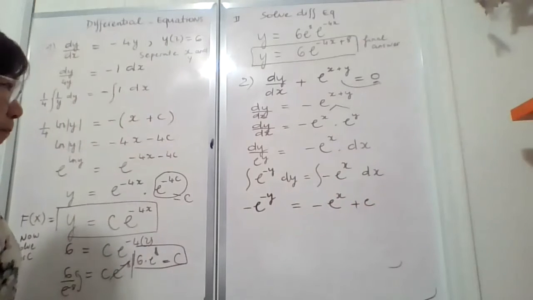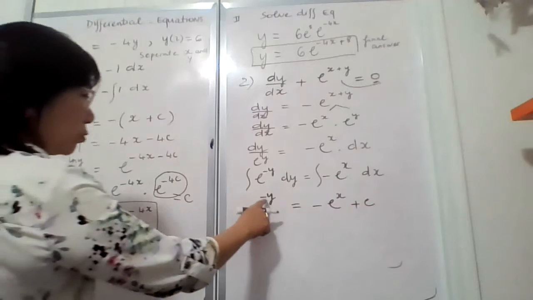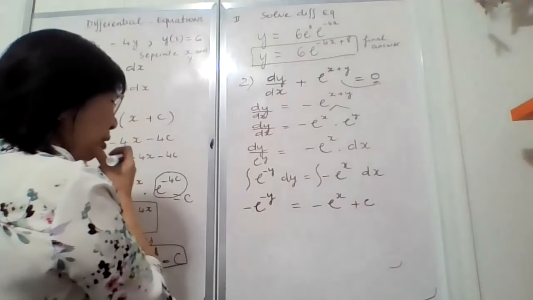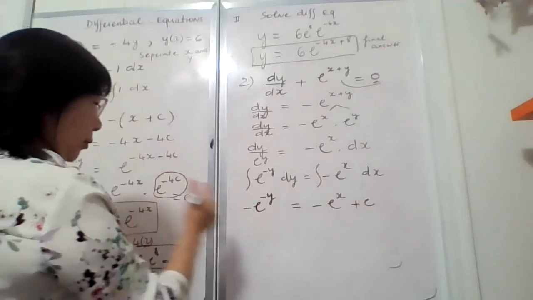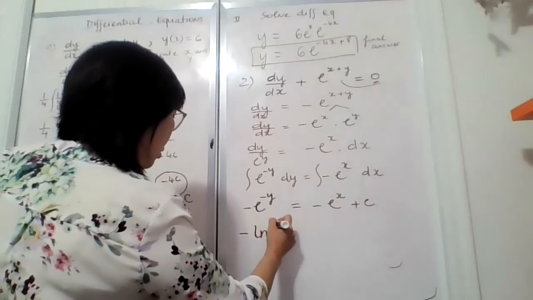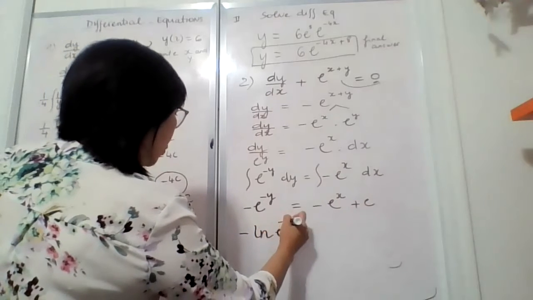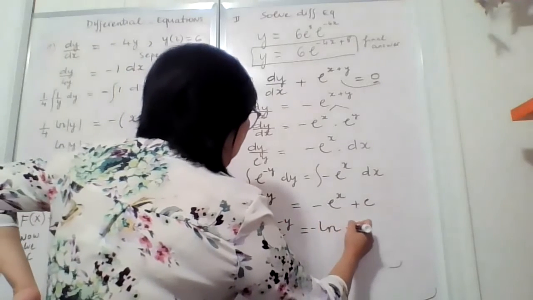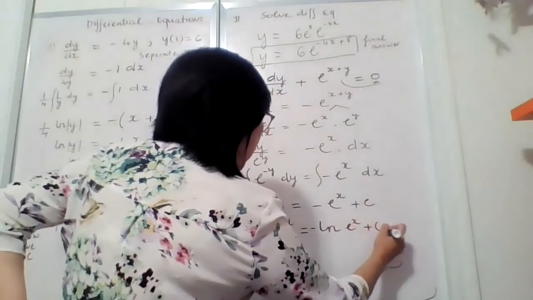At this point, if I want to solve for this y, I have to take ln both sides. So I'm going to put the minus outside and I'm going to put ln of e to the minus y equal minus ln e to the x plus c.